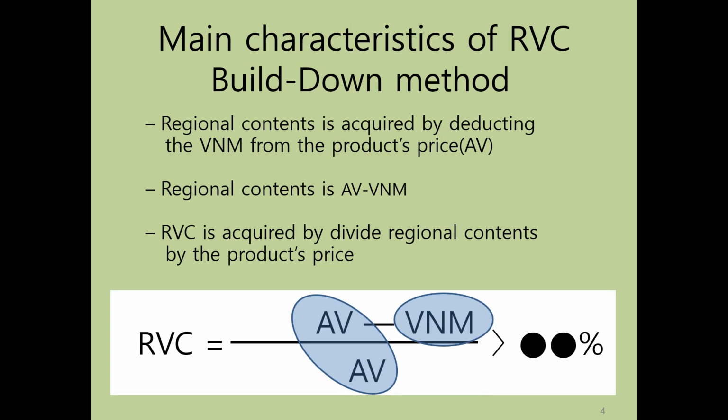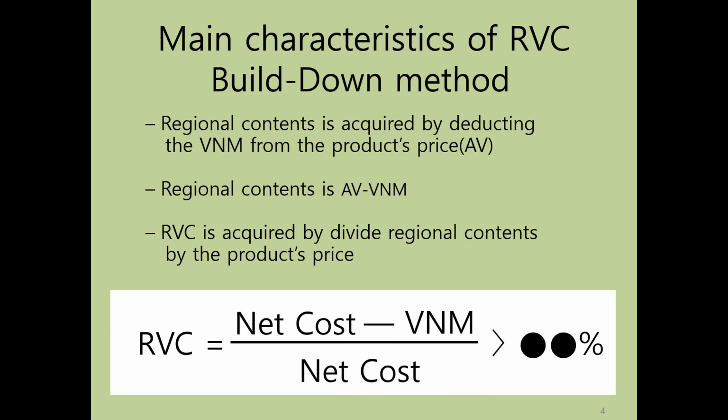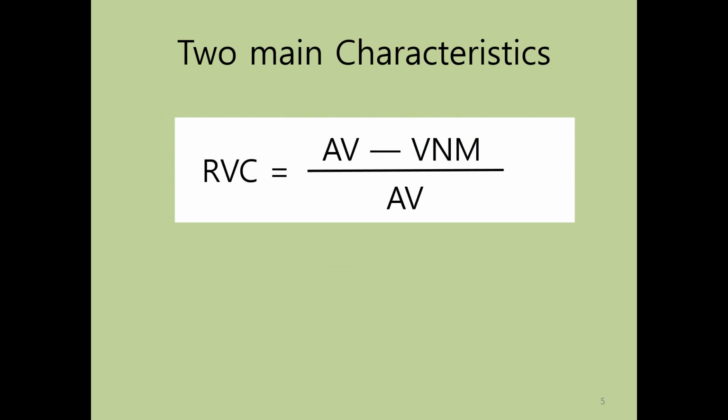The formula of net cost is exactly the same as that of build-up method because net cost just replaced the place of AV. Okay, we will see the characteristics in the next slide. I will deal with two main characteristics of build-down and net cost method in this slide.